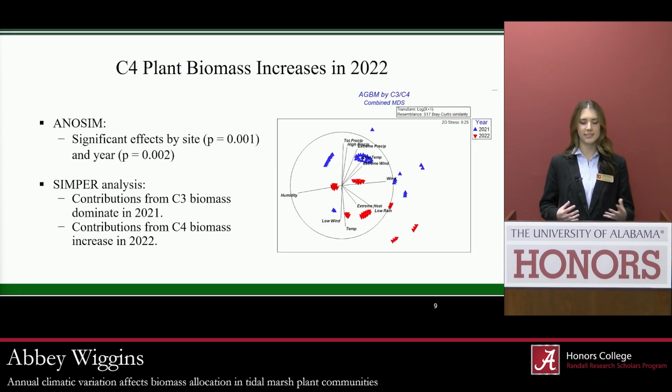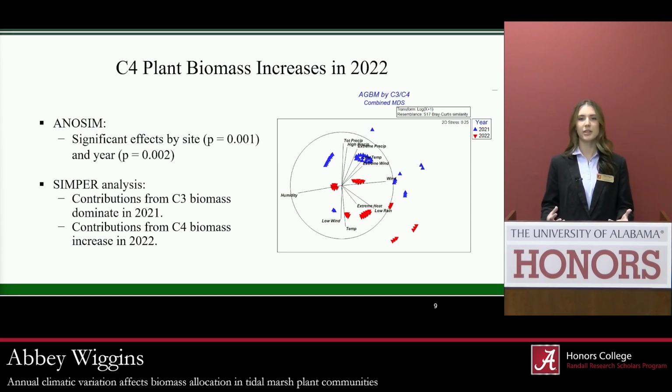And when you're looking at C3 and C4 plant biomass, you see a very similar relationship. The plot shows the same separation by years, and it also shows the same environmental meteorological parameters driving these differences. And this also has the same significant effect by year and by site.